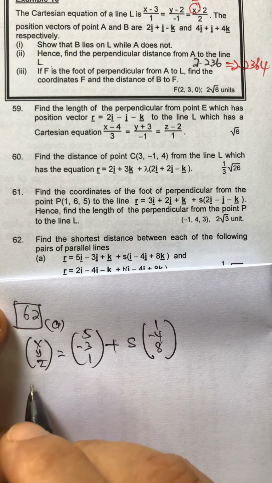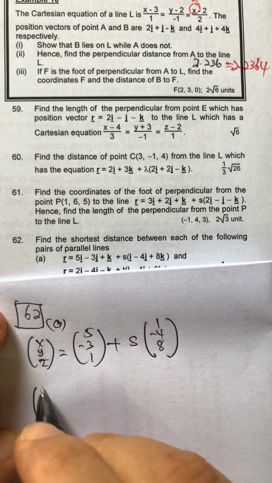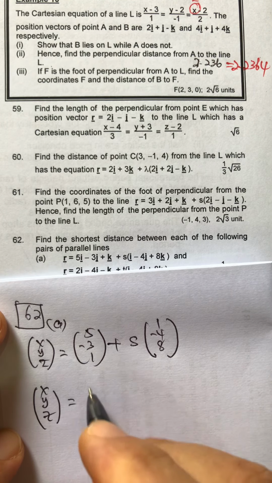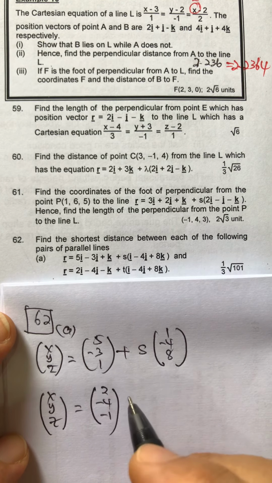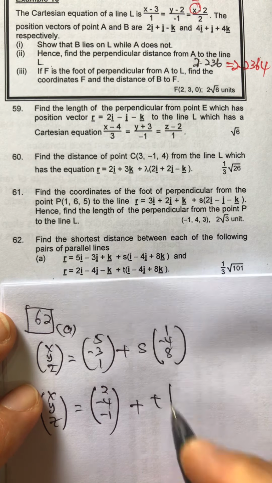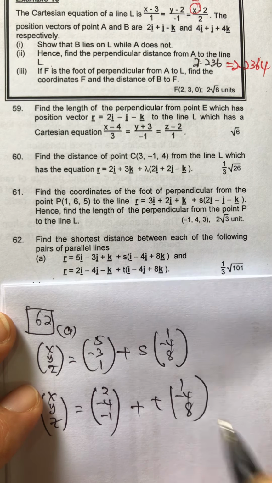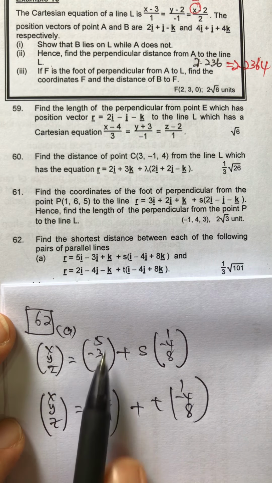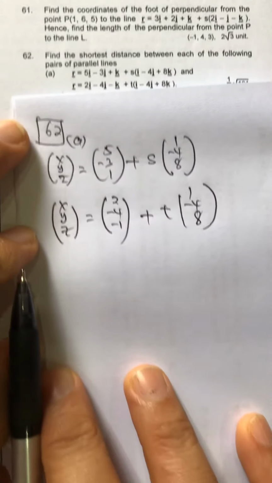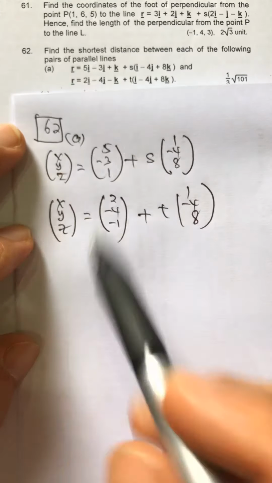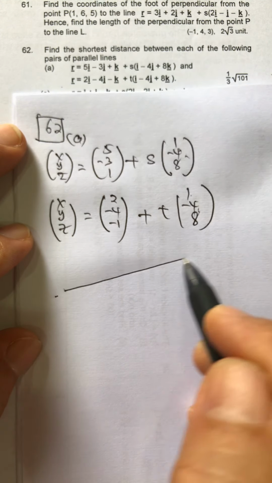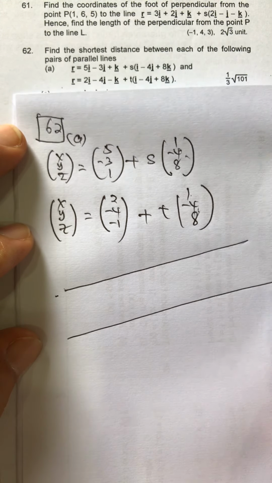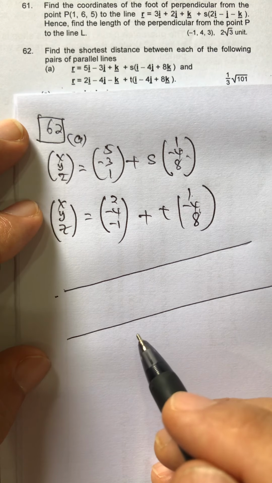For line 2, (x, y, z) equals (2, negative 4, negative 1) plus t times (1, negative 4, 8). So (5, negative 3, 1) is correct. Now I'm going to show these two lines are parallel. They are parallel, so I want to find the nearest distance between them.